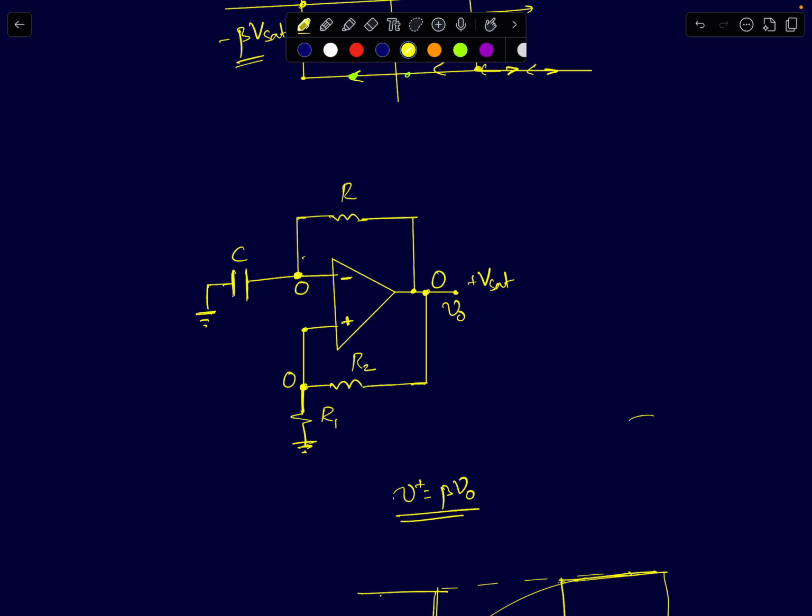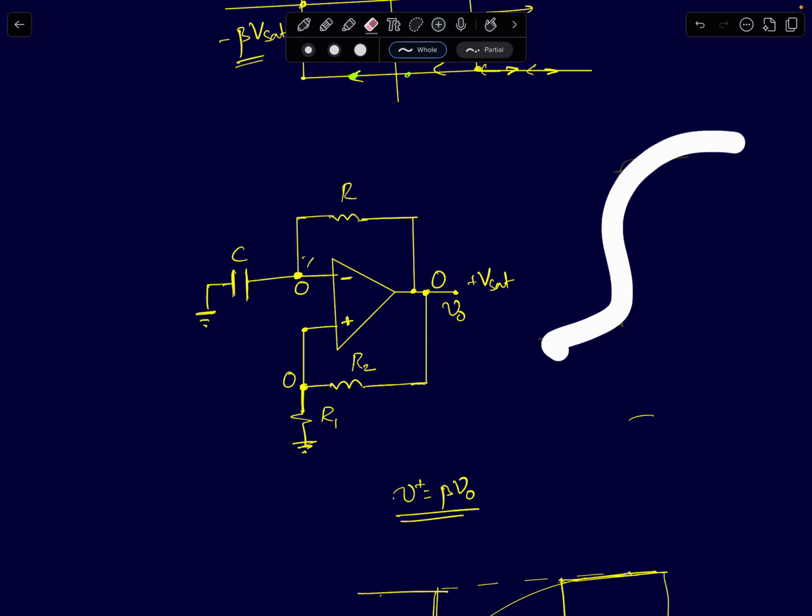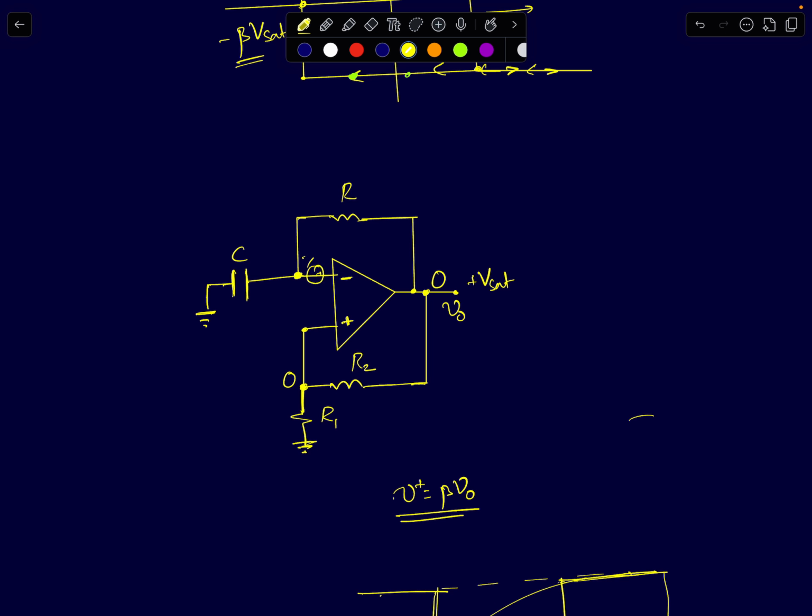Assume that the capacitor's voltage has slightly changed, slightly increased due to noise or some excitement. Remember, you are at a very, very high gain point. So any small offsets or noise in the op-amp can slightly displace this node voltage. Or I can assume there is some small noise which I can model as a series voltage source.